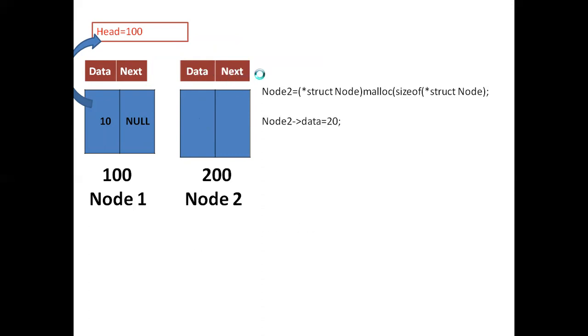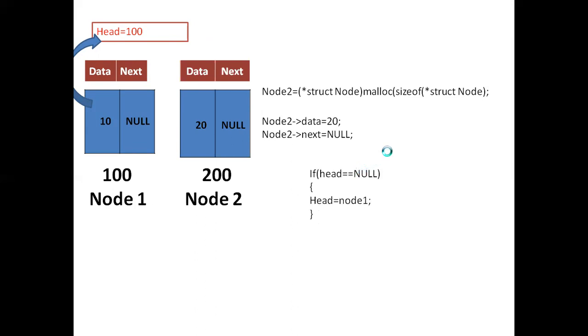Now we can store our value 20 into the data part. Node 2 arrow data is equal to 20, which means the data part holds the 20 data. Next, node 2 arrow next part should be null because this is a newly created node, right? After that we are connecting the link between these two nodes. How to connect the link between these two nodes?